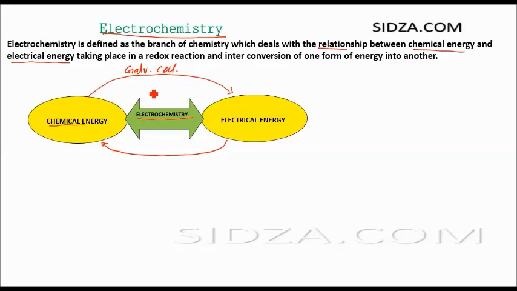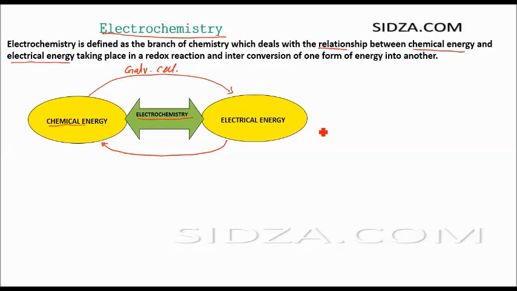So that means we can change chemical energy into electrical energy with the help of a galvanic cell, and you can interconvert electrical energy back into chemical energy. There are many reactions which do not occur without electricity.